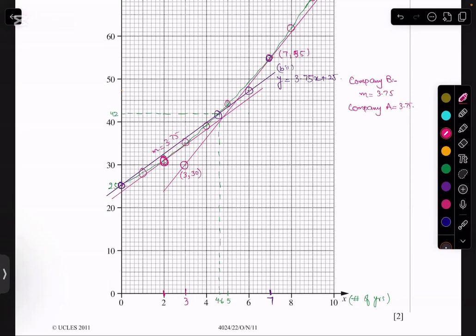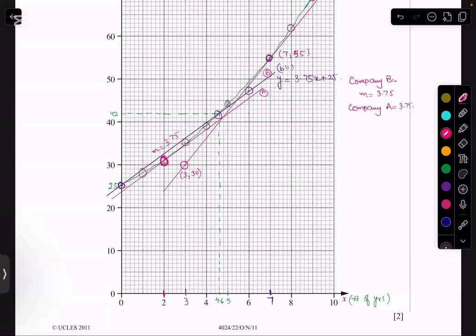So I just made this line parallel to the line for B. This is the line for A, and this was the line for B that we had made. We tried to make both parallel lines, and then I said that at this point I was getting the tangent for this line which I have drawn for A, representing the time period of 2 years.